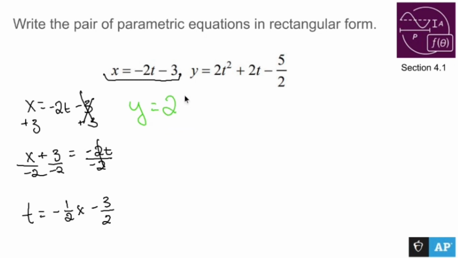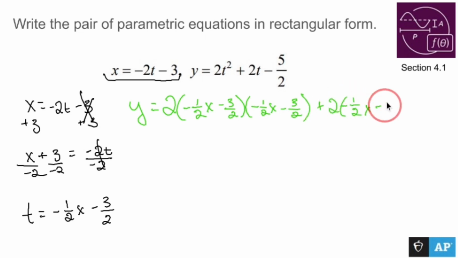Y equals 2 times -1/2 x minus 3 over 2. It's going to be squared, so why don't I just do the FOIL thing while I'm at it? Plus 2 times -1/2 x minus 3 over 2 minus 5 over 2.